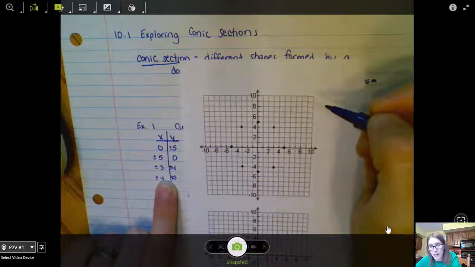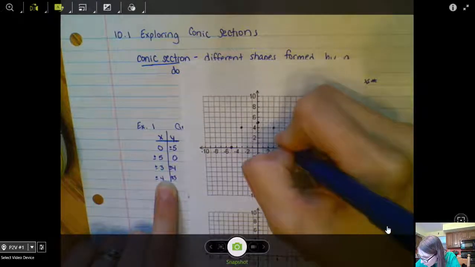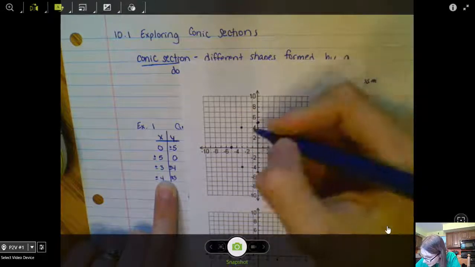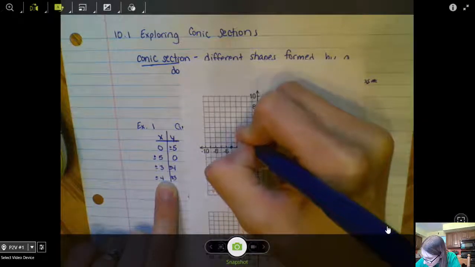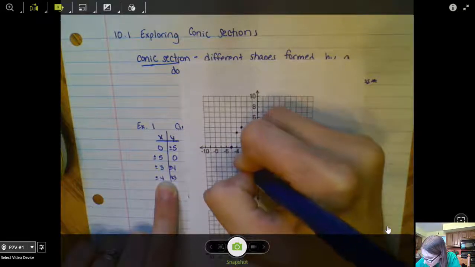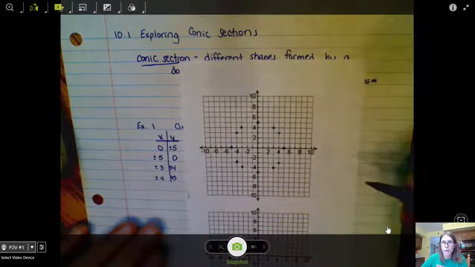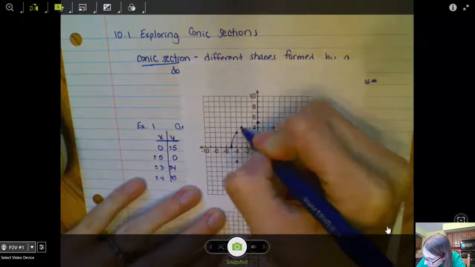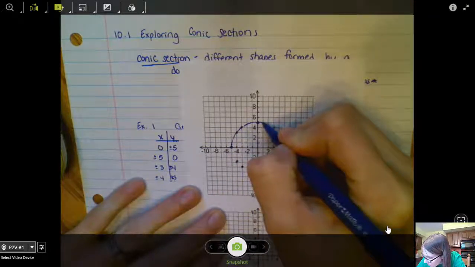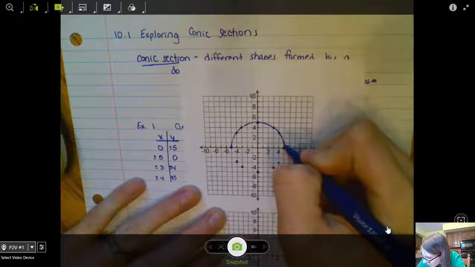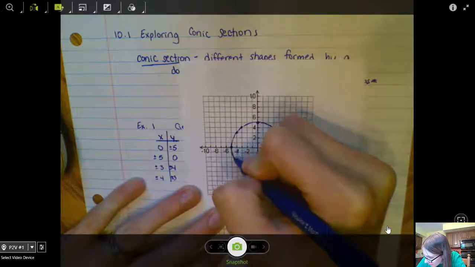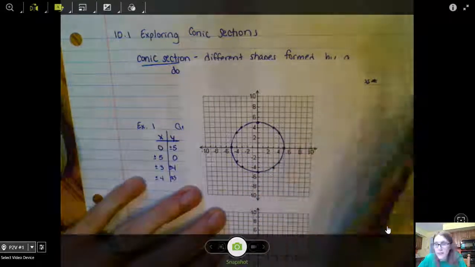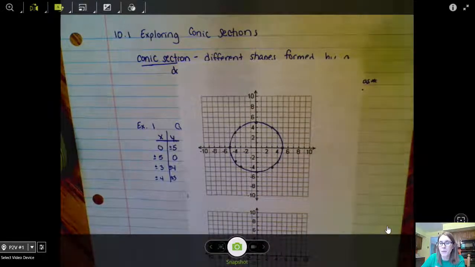And same thing here. I could have positive 4, positive 3, positive 4, negative 3, negative 4, positive 3, and negative 4, negative 3. And if you connect your dots, hopefully you will see the shape that we have is a circle. And that's not completely perfect, but it's pretty darn good.